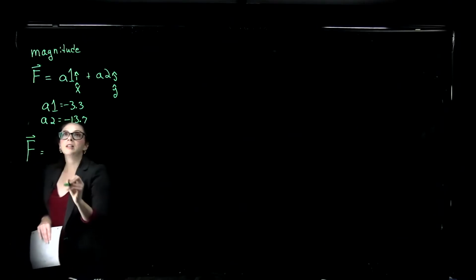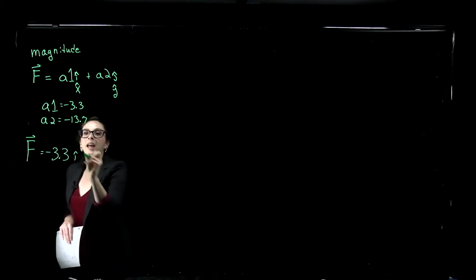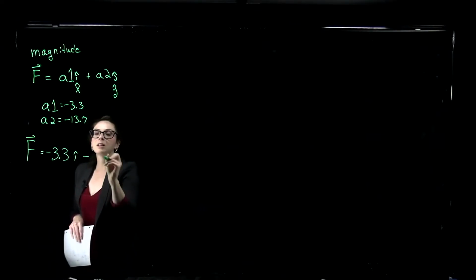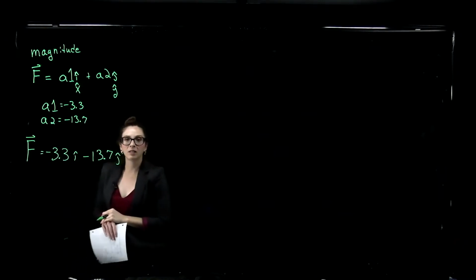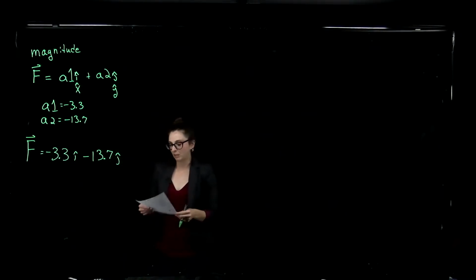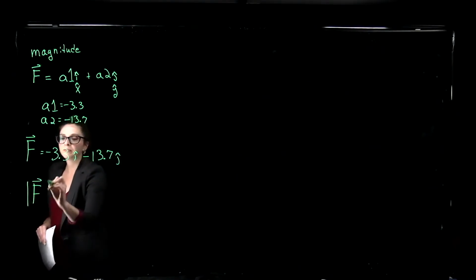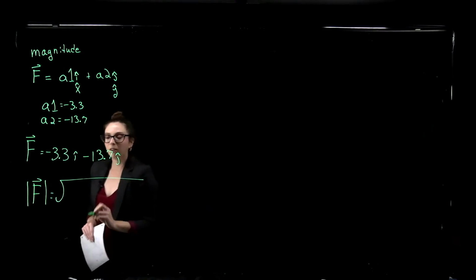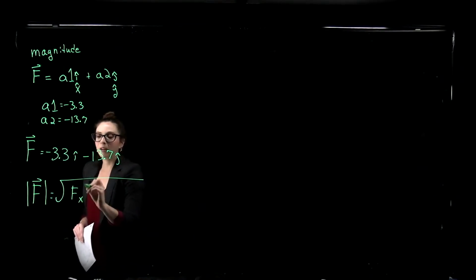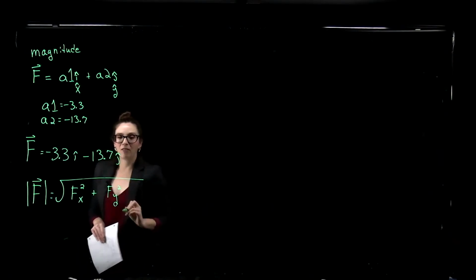F is equal to minus 3.3 I hat minus 13.7 J hat. And then we want to find the magnitude of that. So the magnitude of our vector is going to be equal to the square root of the X component of that vector squared plus the Y component of that vector squared.